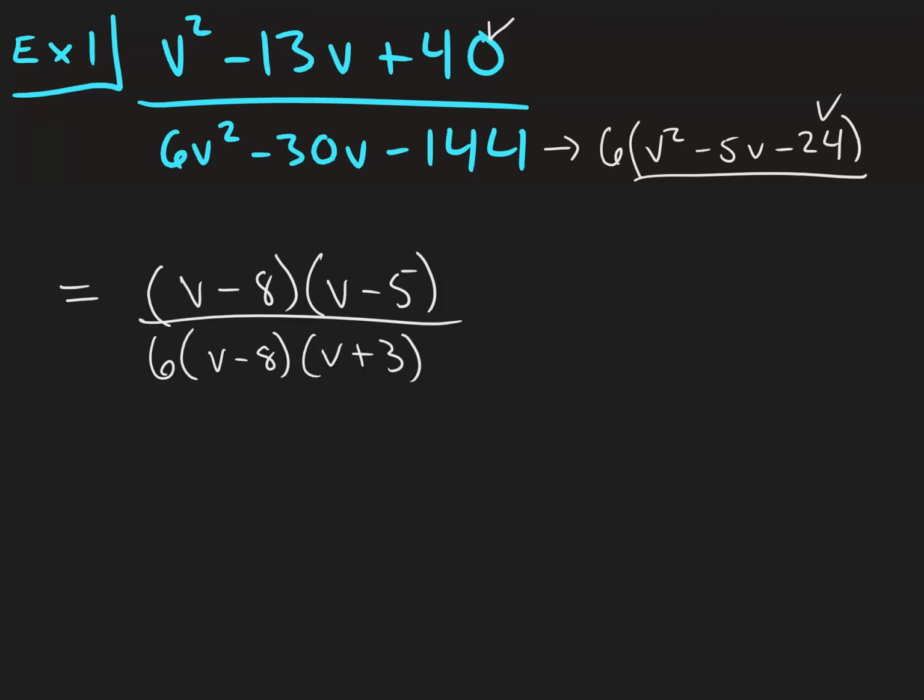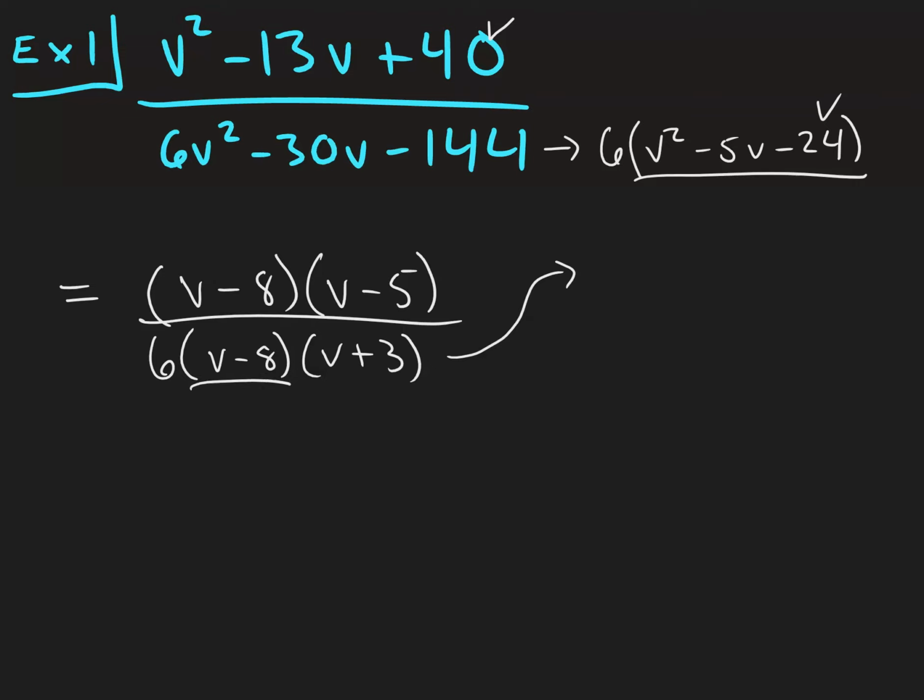So here's a very, very important thing to know about excluded values. Before you can actually simplify, you need to make sure you get the excluded values from your denominator. So according to this, I know that my denominator cannot be equal to 0.